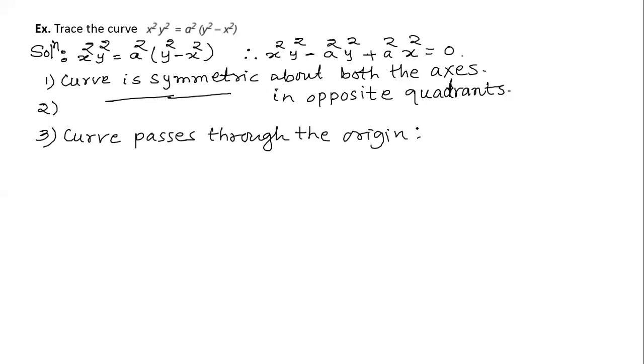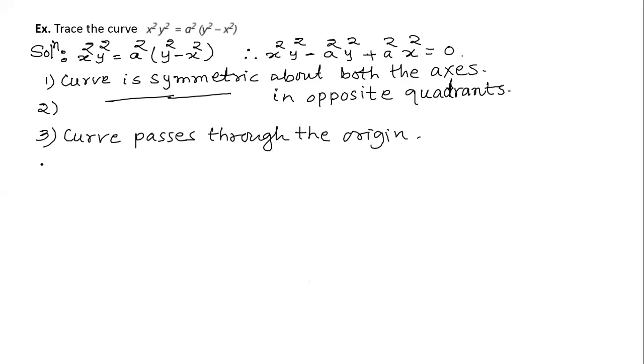And here I am going to have a rough sketch like this. This is the x-axis, this is the y-axis, this is the origin also. The curve passes through the origin, we have got the first point. So let us move to property number 6.